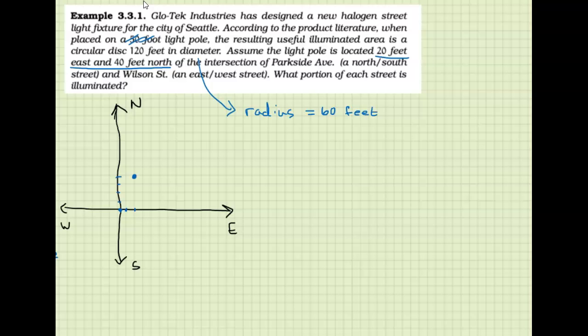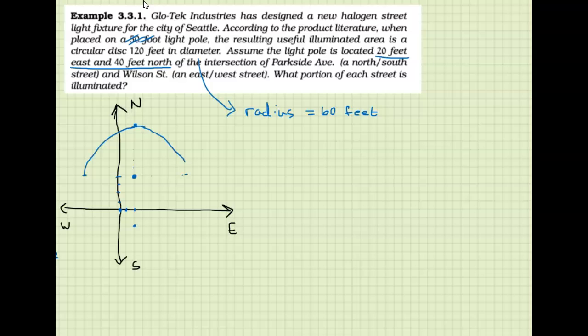If I draw a circle with a radius of 60 feet, you can see this was 40 feet, so I need to go a couple down. So go 6 up, and we go 6 this way, and now we go 6 this way. I'm trying to make it to some sort of scale. It's not necessary to make it to scale, but I think it's really helpful.